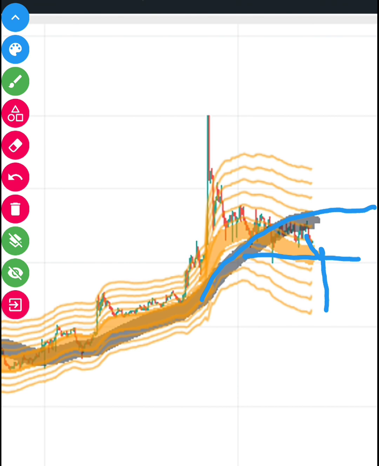By that time, though, that black line over time may have moved down, and I can't show you the real timeline, so I'll speed up the timeline by going like this. In this case, the black line may be down to here.